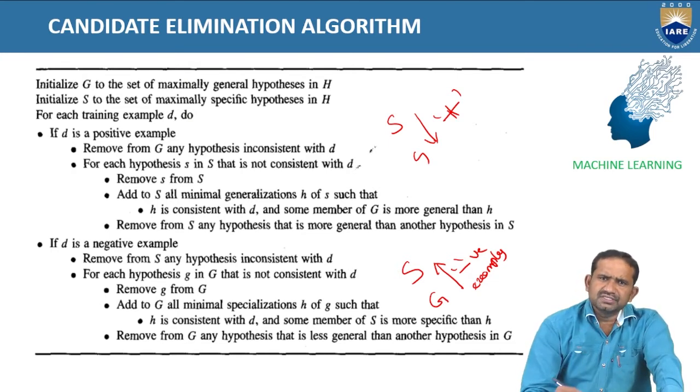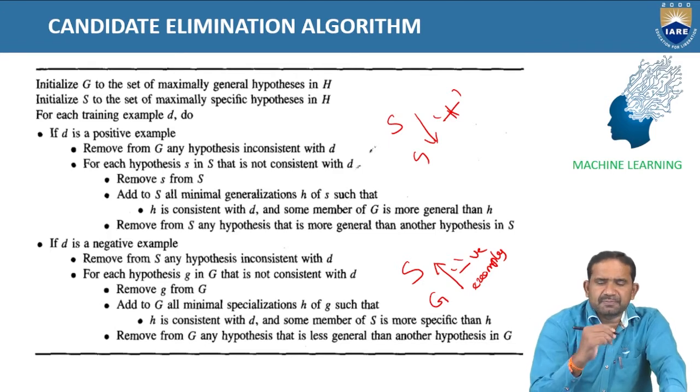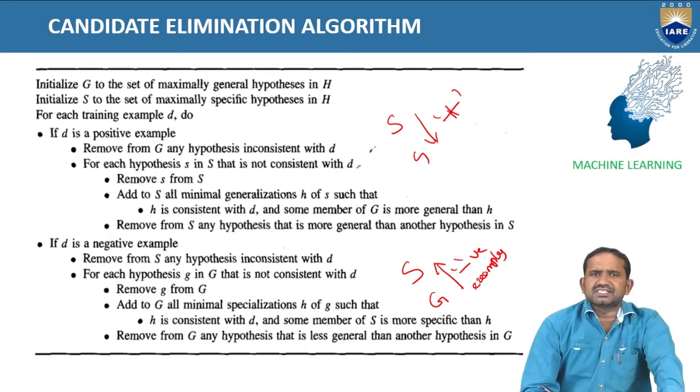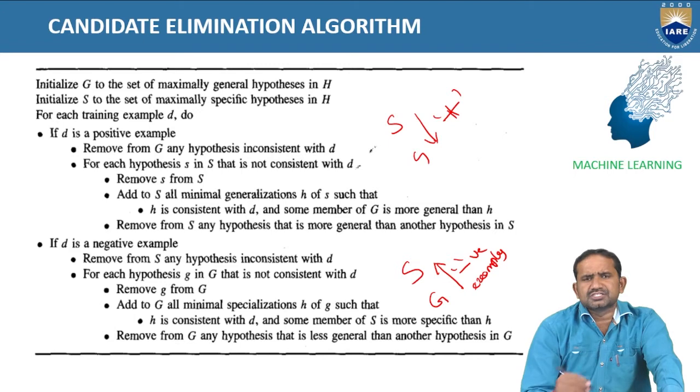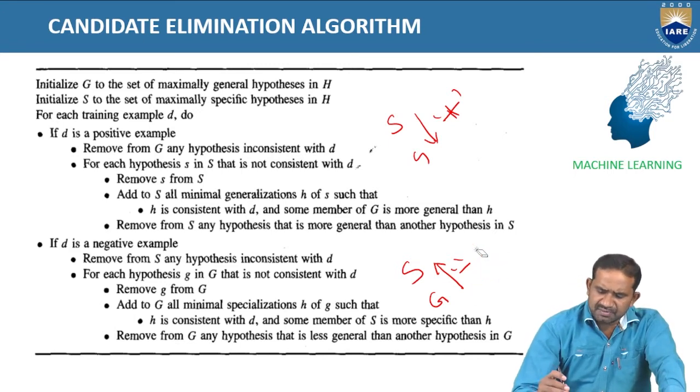Whereas if the training example is negative, we start from the generalized hypothesis and move to the specific hypothesis. That is the candidate elimination algorithm.